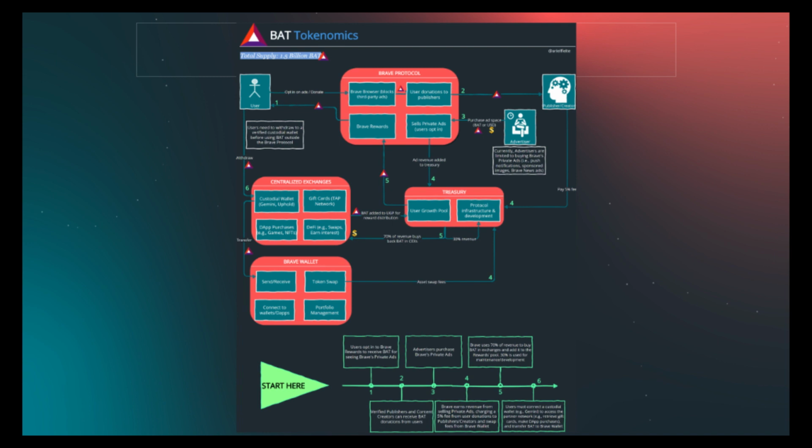And then the other agent that is involved in the Brave ecosystem is the advertiser. I think one of the gaps that I see in Brave currently is that advertisers can buy ad space from Brave, from those kinds of ads that I was showing you, but they can't buy directly from a publisher, which is how the regular advertising business works.